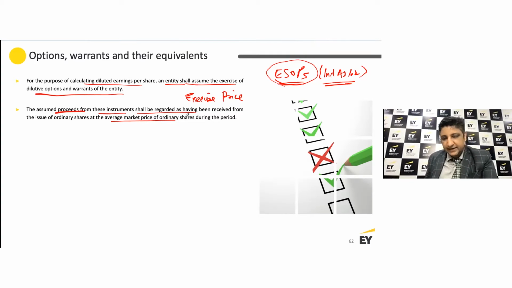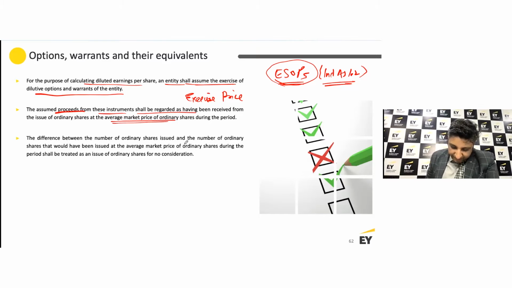So at any point in time, to calculate the value of the option for the purposes of accounting, you would compare that with the average market price during that period of calculation of the diluted EPS.